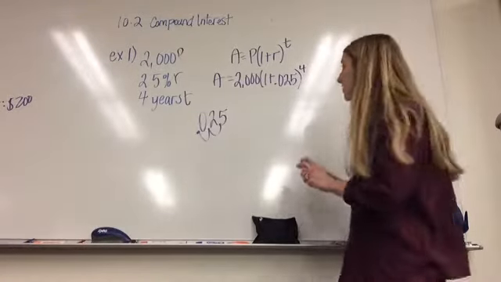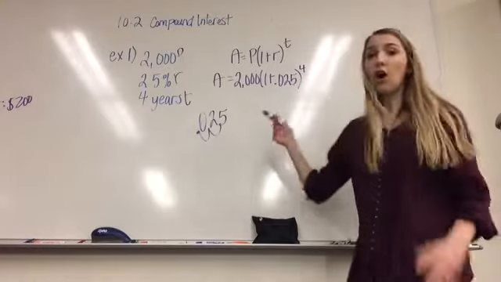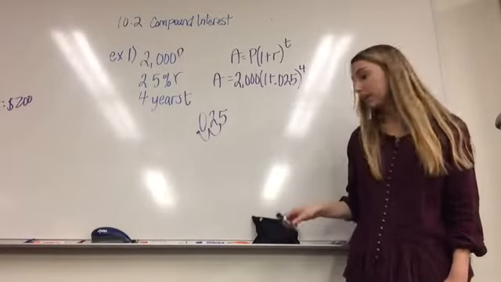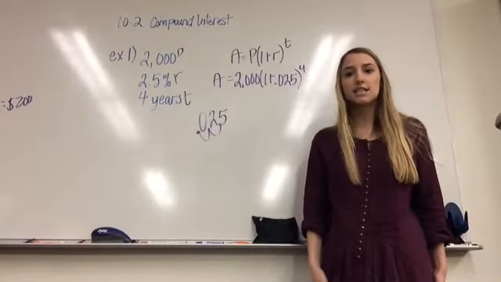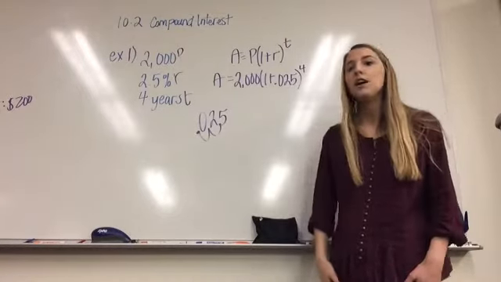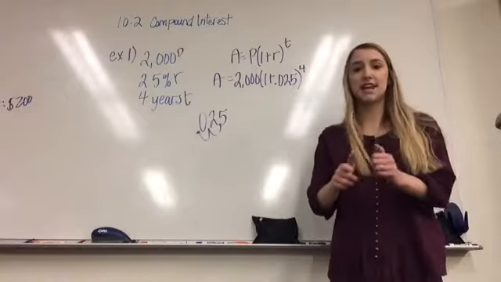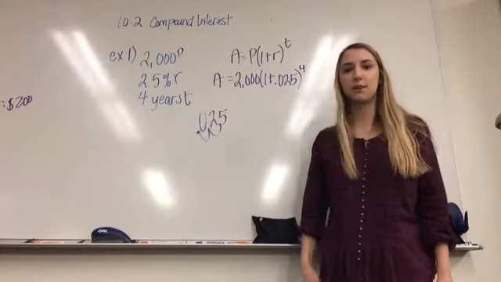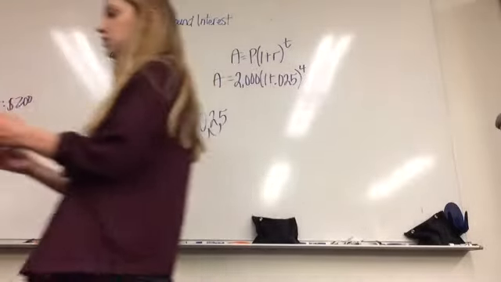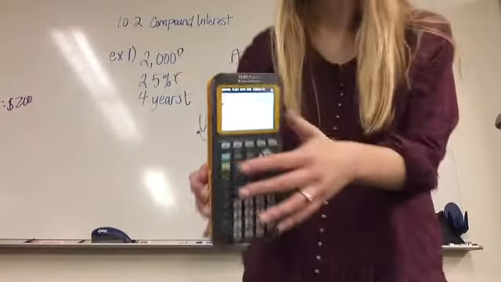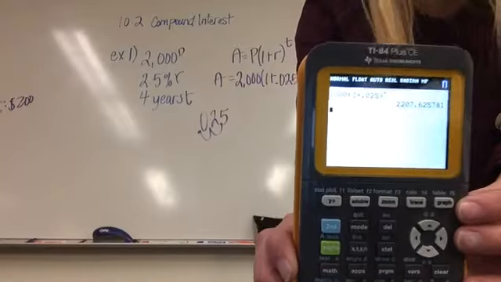Okay, this might look scary right now, but all you have to do is plug this in your calculator. It would be easiest to use the calculators we use in class, but if you don't have one at home, you might have to kind of turn your calculator sideways to figure out how to plug this in. So I've already plugged it in on my calculator so you can see for when you come to class.